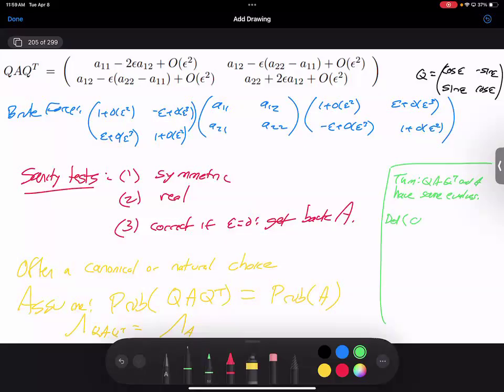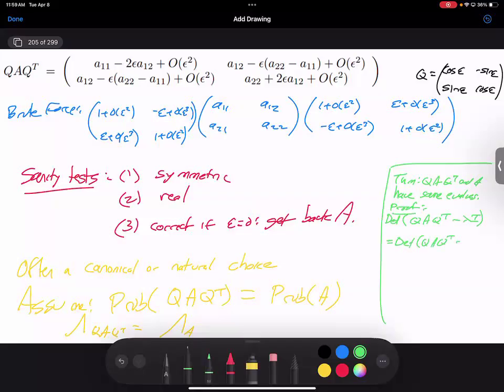So look at the determinant of Q A Q transpose minus lambda I. That's how we find the eigenvalues of a matrix. And now we do nothing. How can we do nothing?